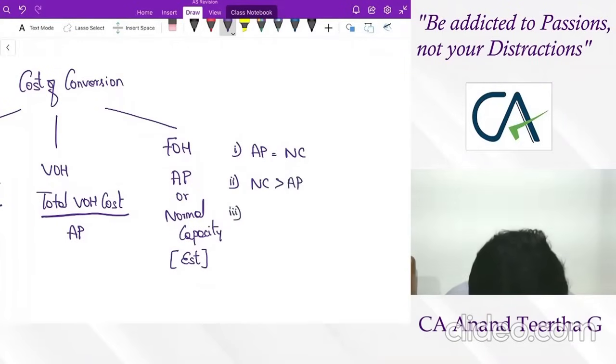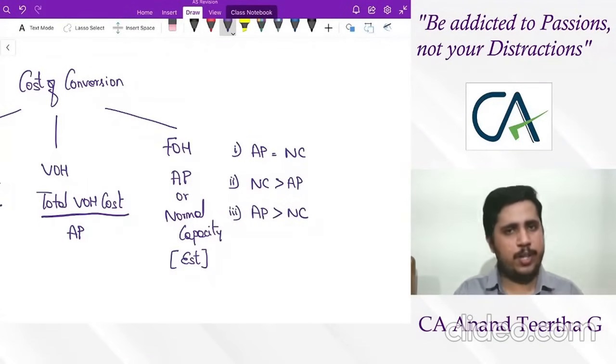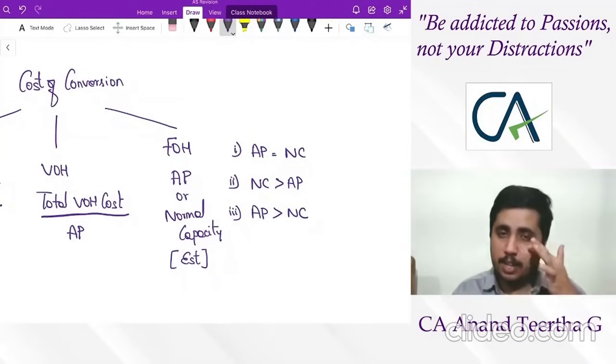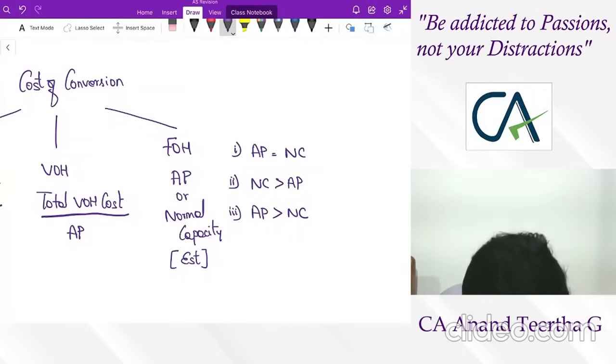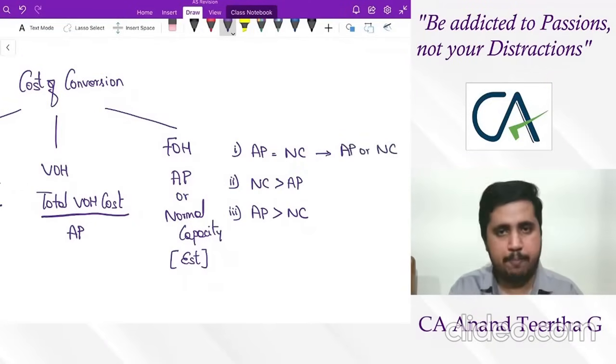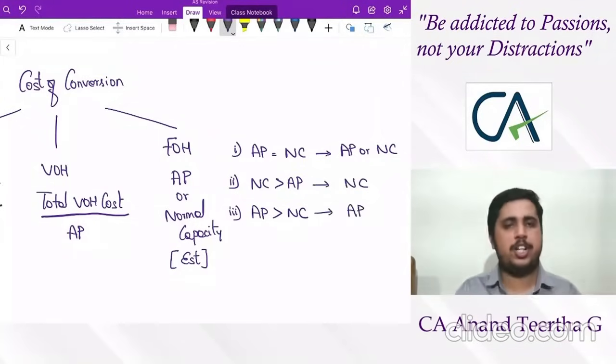Three, if actual production is more than normal capacity. Now, if actual production is equal to normal capacity, then you can consider either of them. If normal capacity is more than actual production, then the denominator is normal capacity. If actual production is more than normal capacity, then the denominator is actual production.